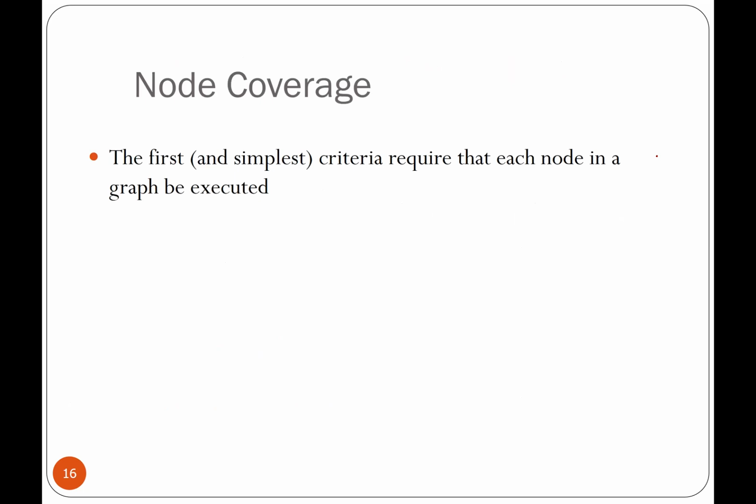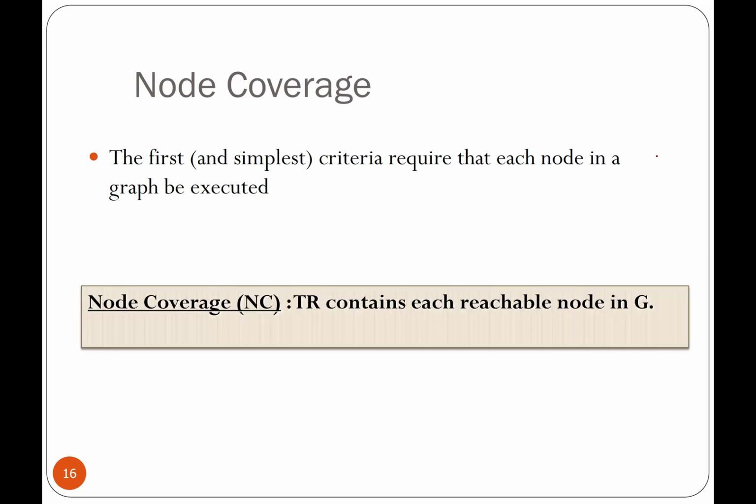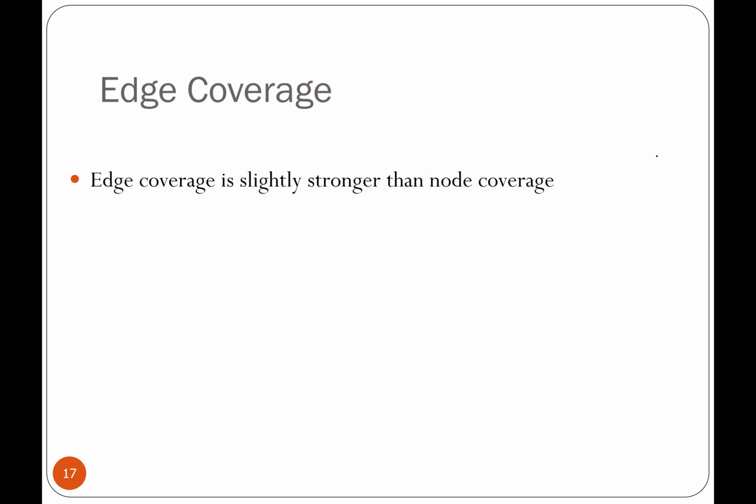And node coverage means that if I have a graph, I need to have test requirements to say what the nodes are, and then I need to create a set of test paths that reach all the different nodes. So the test requirement contains each reachable node in the graph.